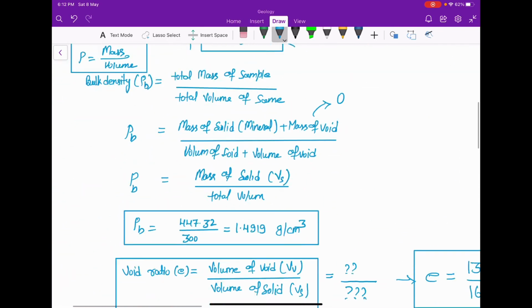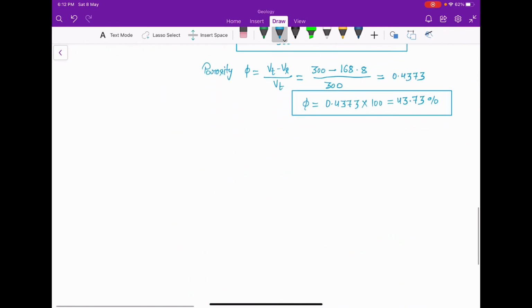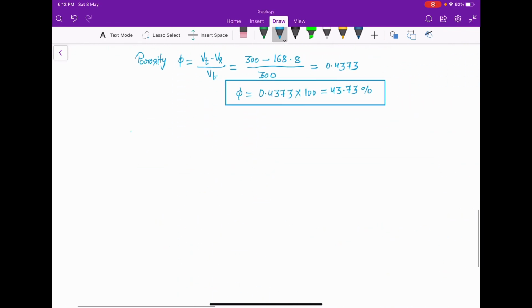Next and the last one is the saturation percentage of the sample, which is equal to theta V divided by alpha, times 100%.